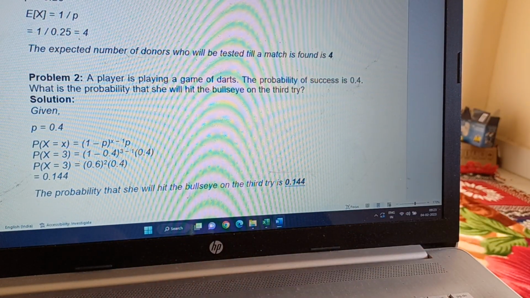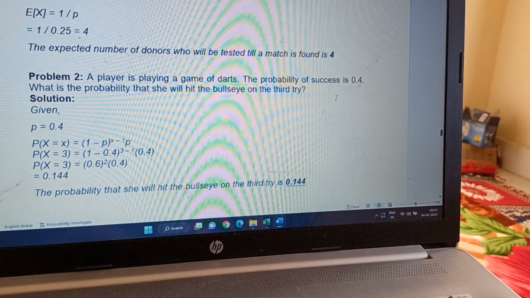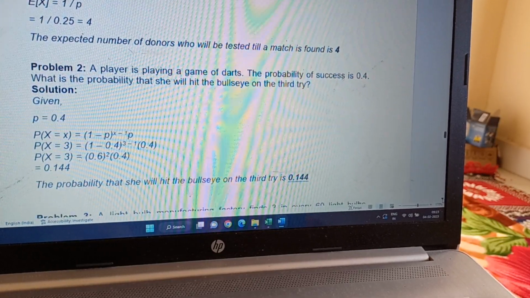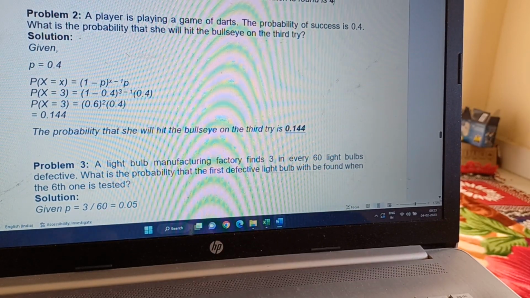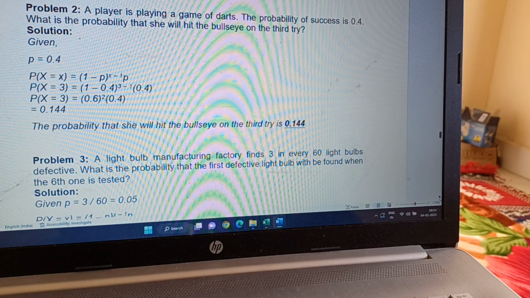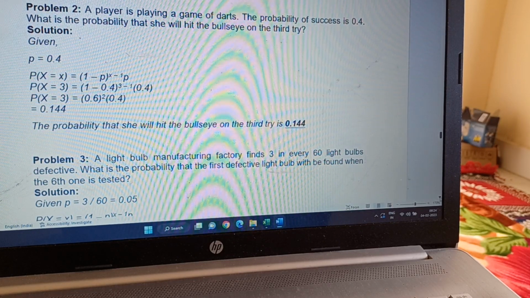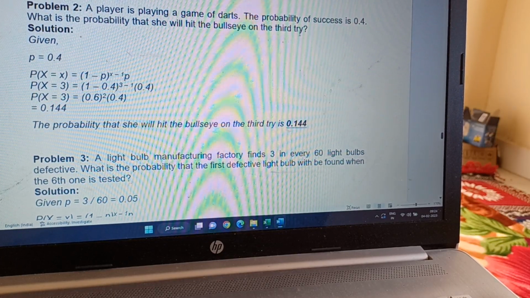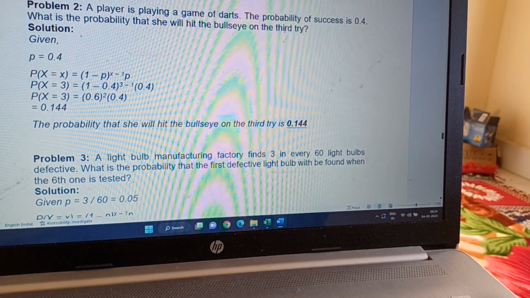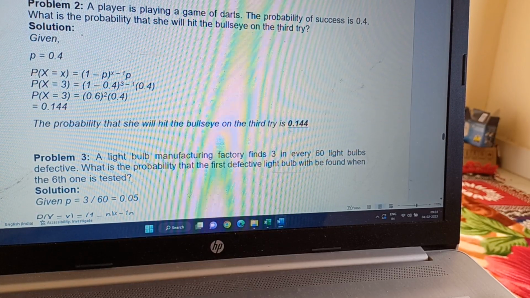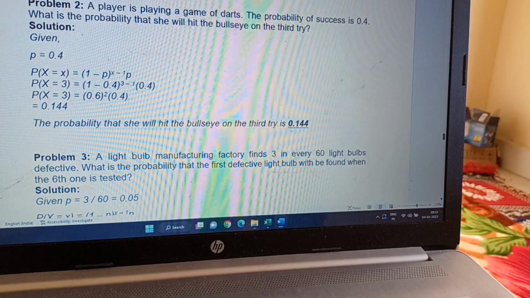Now I go to example number 2, so that you understand this geometric distribution in a better manner. Here, a player is playing a game of darts. The probability of success is 0.4. What is the probability that she will hit the bull's eye on the third try? So it is asking, third try she will hit, means there will be 2 failures before, and then the third will be the success.